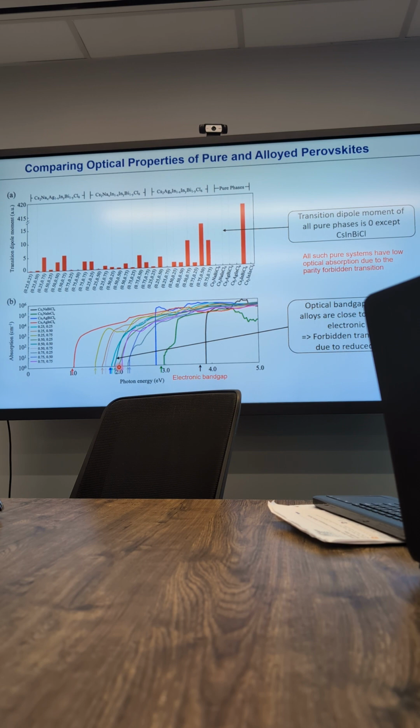Yeah, because of that break in the symmetry, because of the alloying, they are able to achieve that, what do we call it, breaking of the optical transition, which is important again for the optical absorption. So mainly that's what they try to investigate in this paper.